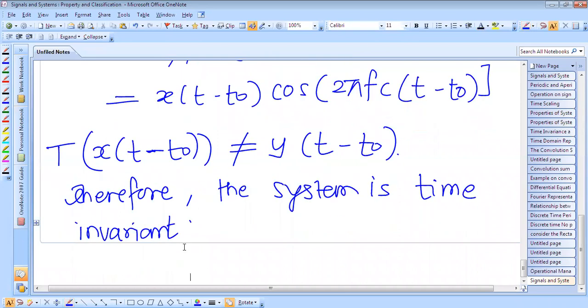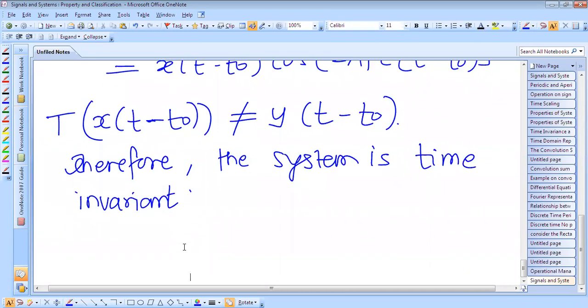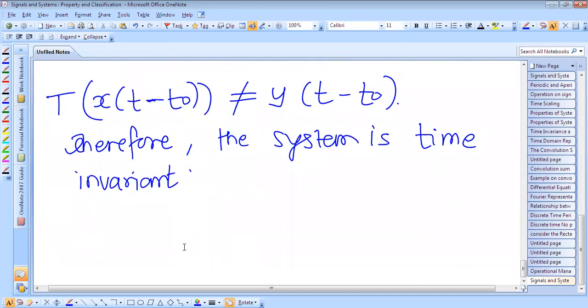Therefore, the modulation is not a linear time invariant system. The modulation system in communication is not a time invariant system.